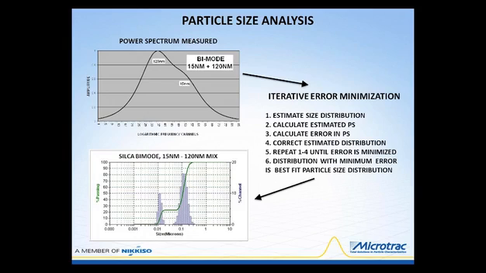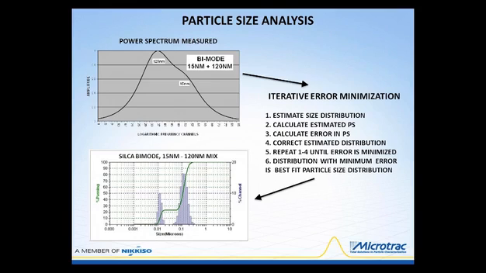This is in a form that is using just the signal level that is generated. That can be corrected to give you actual volume ratio with the known scattering efficiency of that size particle.